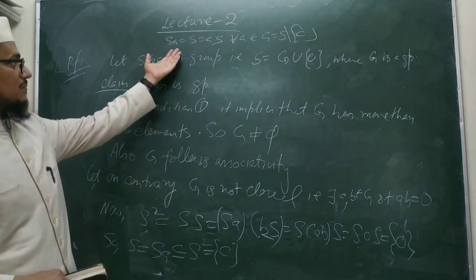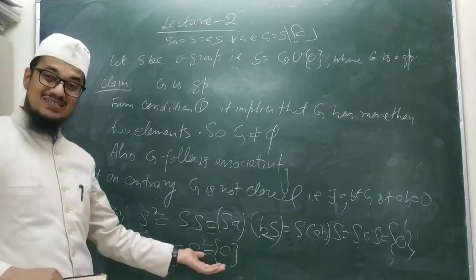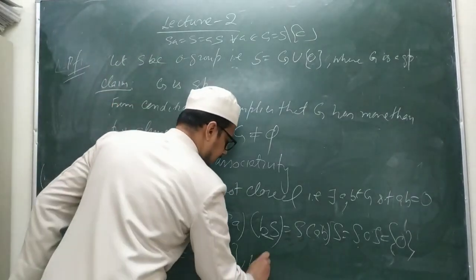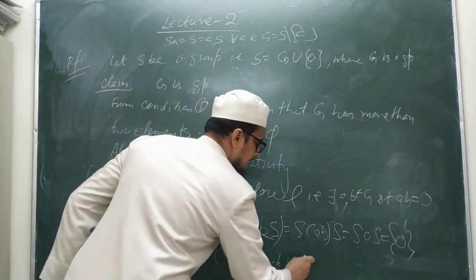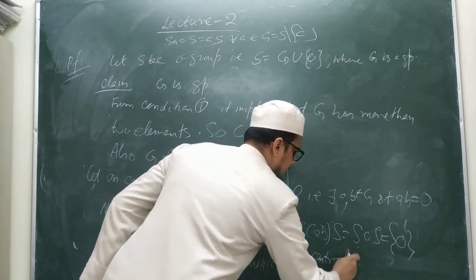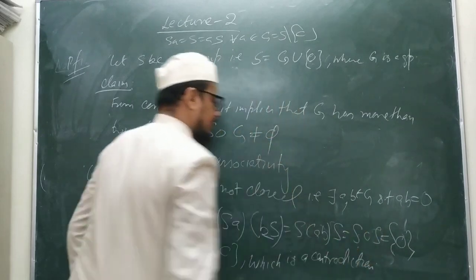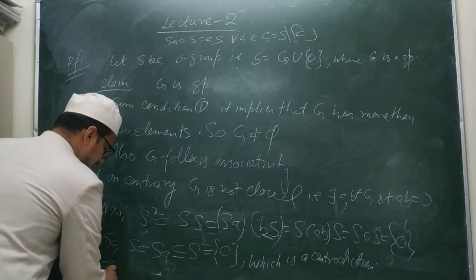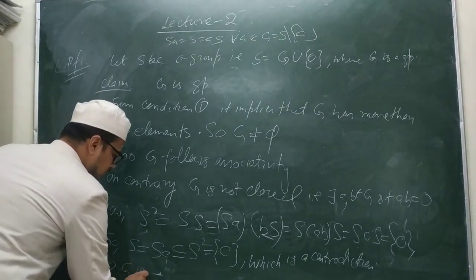From this condition, it's obvious that it's not possible that S is only equal to 0. Isn't it? So which is the contradiction? So it implies that G is closed.